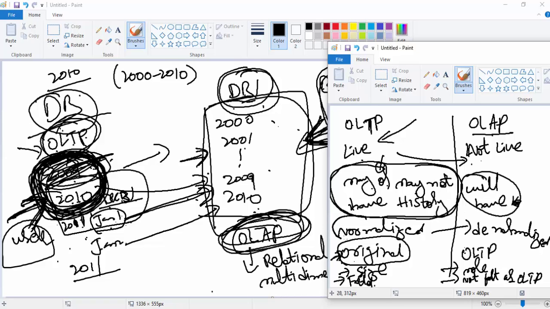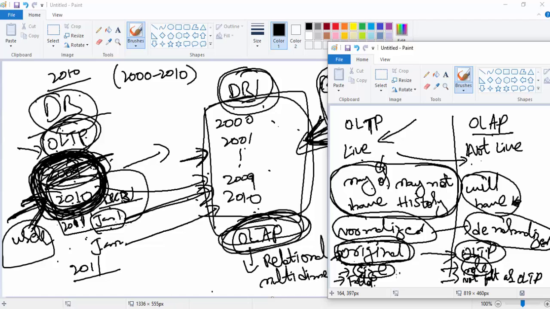Next, OLTP will have normalized tables. OLAP will be denormalized. OLTP will have the original data, whatever the user enters. But OLAP will have the data pulled from the OLTP. Then, OLTP size will be very small, and OLAP size will be very large because OLAP has all the historical data.